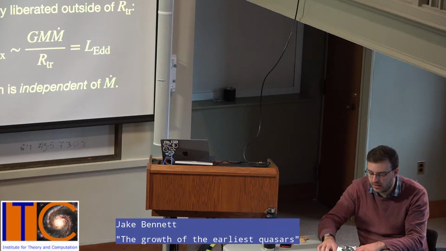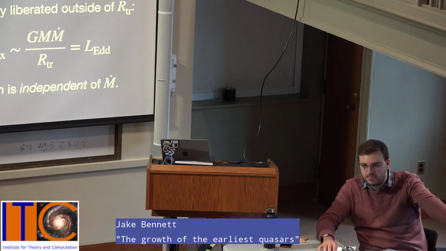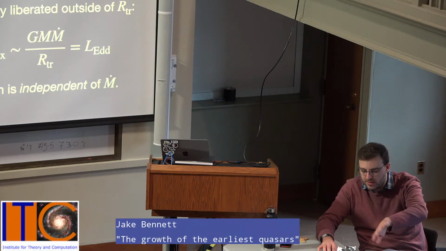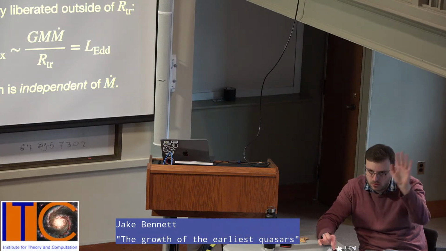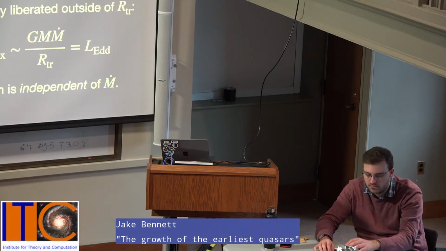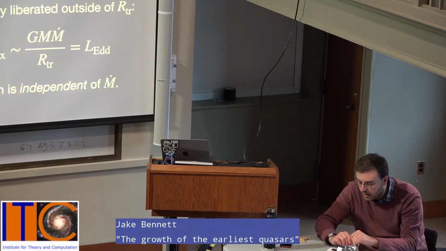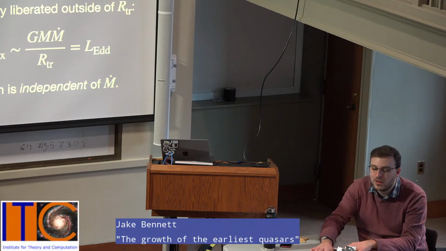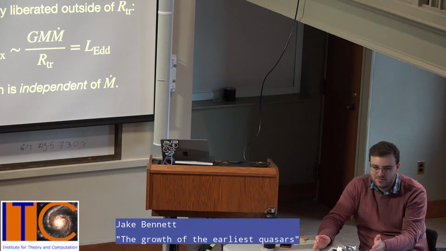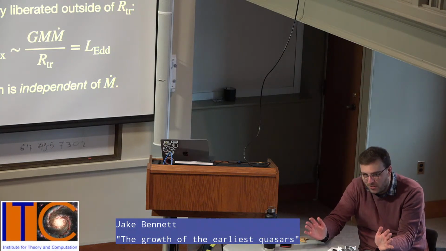It's not sensitive down to stellar mass black holes like LIGO, but LIGO is not sensitive enough for this distance yet. So I think this will probably be one of the biggest game changers, potentially, hopefully, telling us a lot about early black holes.